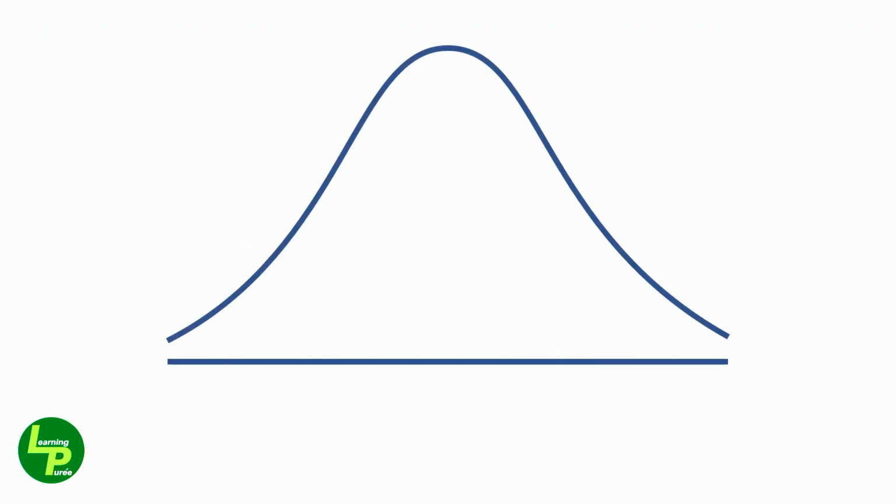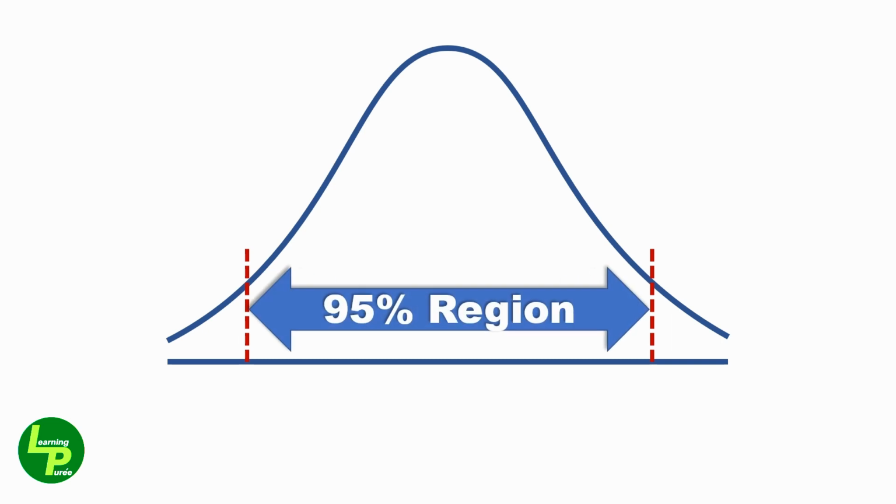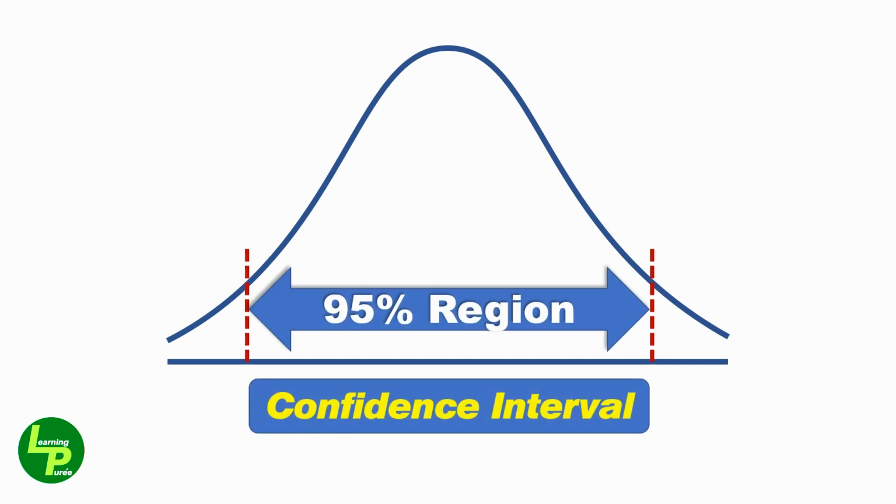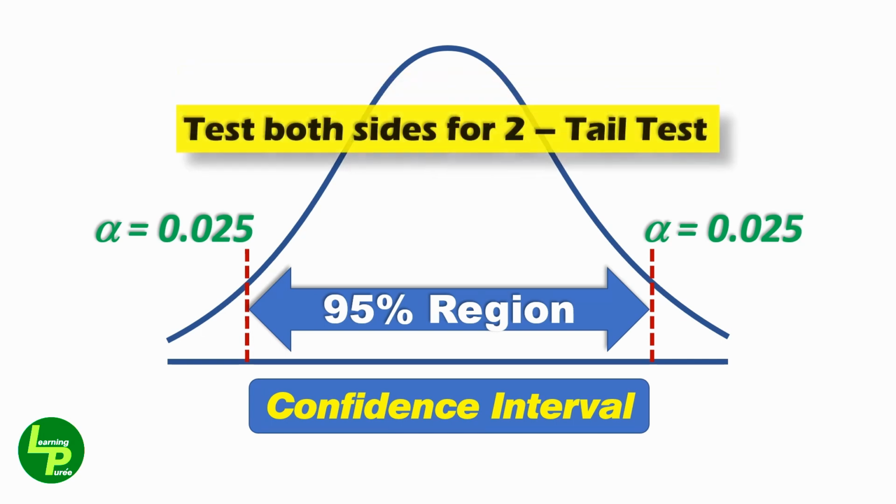The limits bounded within the 95% region under the curve are termed as the confidence interval. For a two-tailed test, alpha will be split equally on both sides of the normally distributed curve, that is 0.025 on each side.